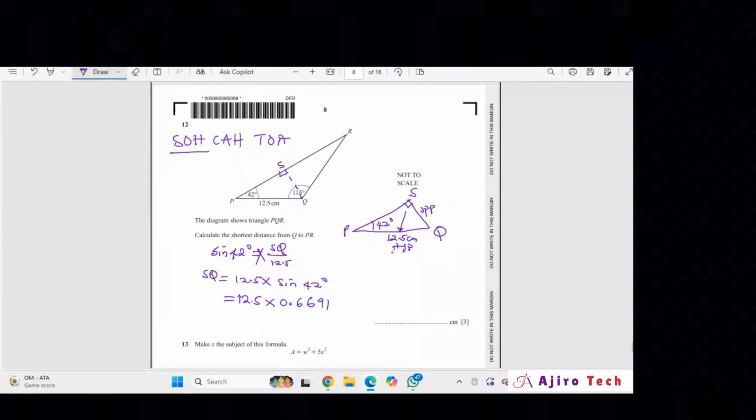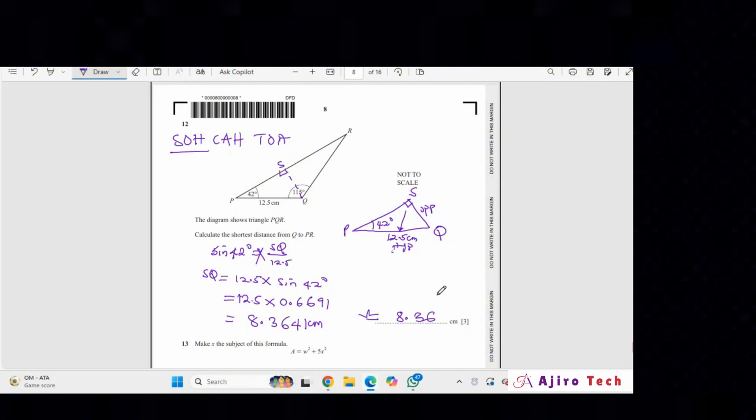So from here, you multiply it by 12.5. If you multiply it by 12.5, you are going to have 8.3641. Okay, so you can approximate it to approximately 8.36, which is in centimeters.